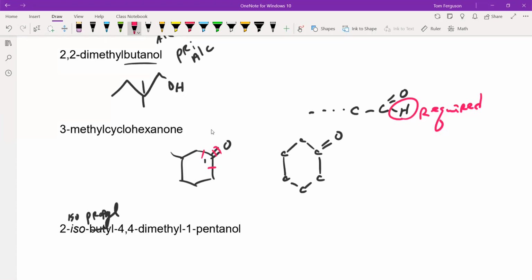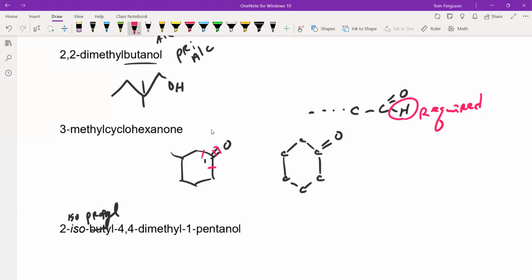Now we're going to find with carbs, glucose is cyclic. But when it opens up and breaks apart, it becomes an aldehyde because its ring is broken. That's why carbs get very complicated fast.